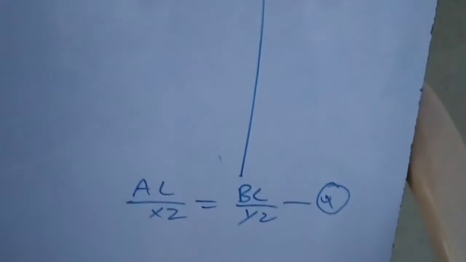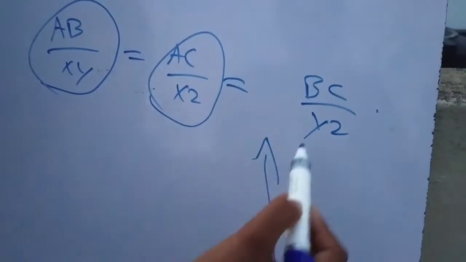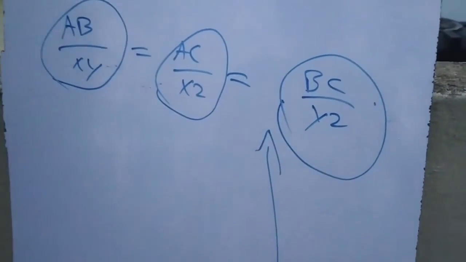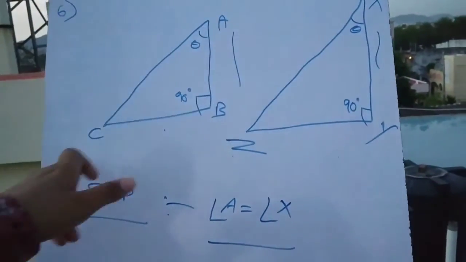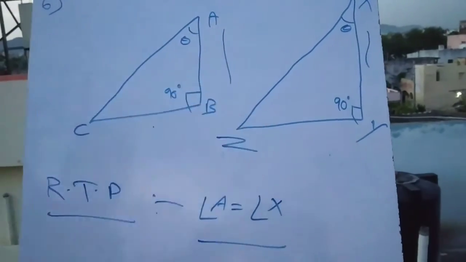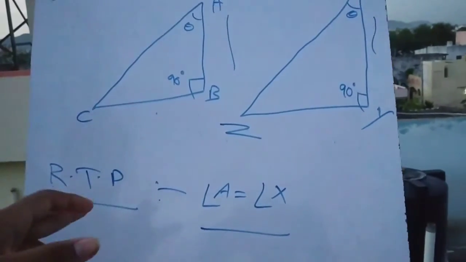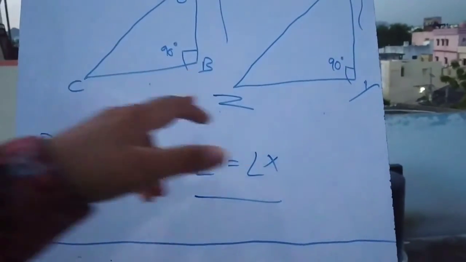So let's read this. AB by XY is equal to AC by XZ is equal to BC by YZ, right?